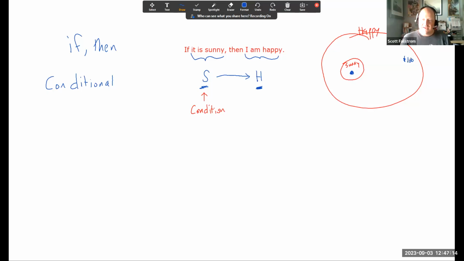Okay, so that makes you happy. That doesn't mean that it's sunny on that day. It just means the $100 made you happy as well. So there's things that make you happy, and a group of those are it is sunny. Okay. So keep that in mind as we consider what it takes to make something like this false. Okay. All right. So let's see here.